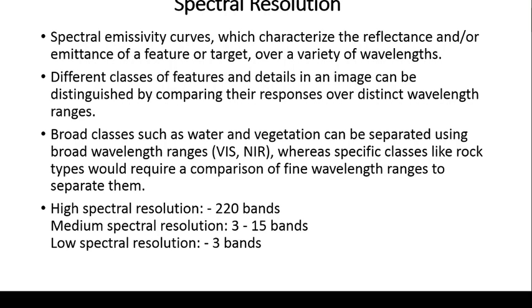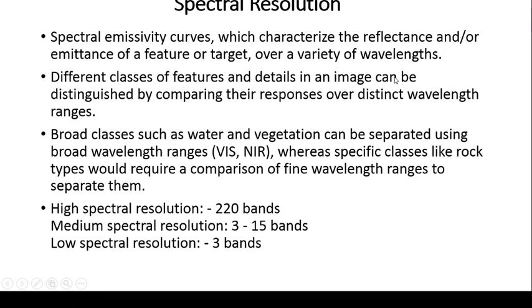Broad classes such as water and vegetation can be classified by broad wavelengths, that may be visible or NIR. And if we have to differentiate specific classes, such as types of rocks or types of vegetation in a forest, we need very specific and very fine wavelength ranges to separate all these objects or phenomena on the earth.